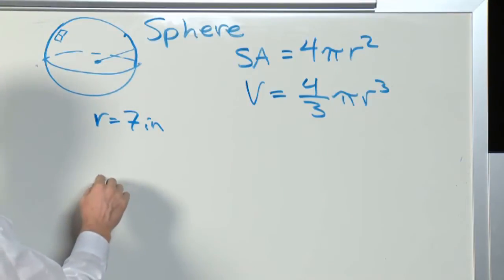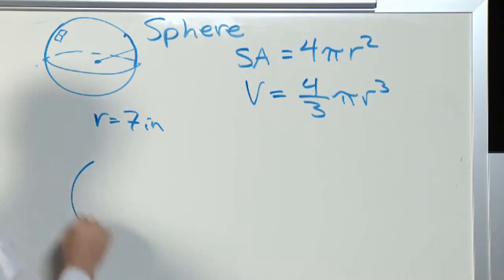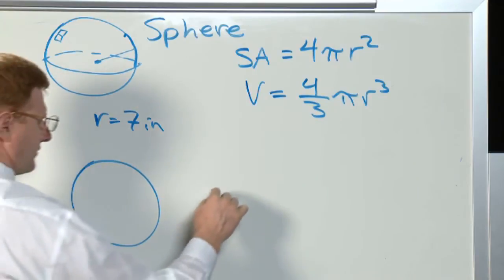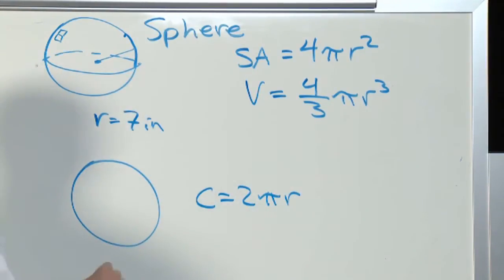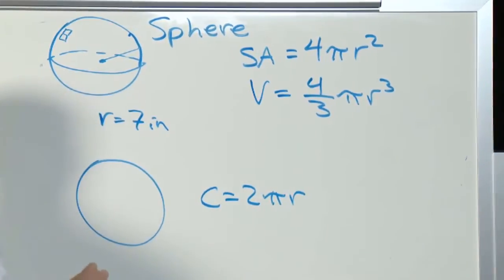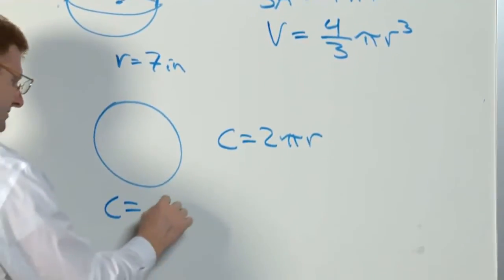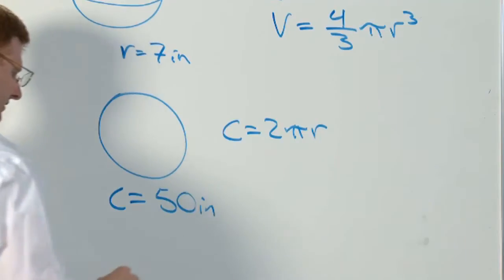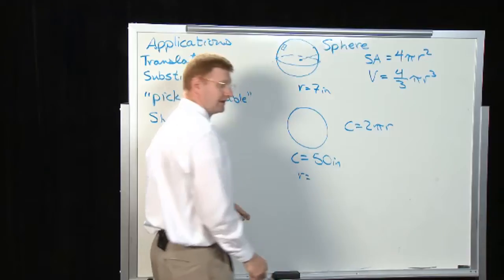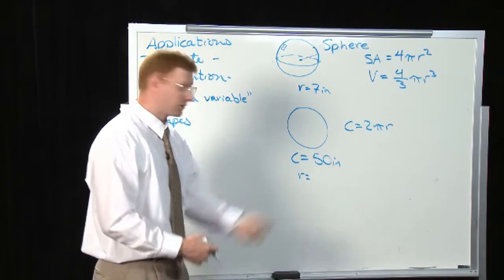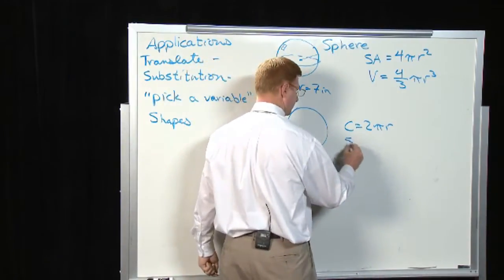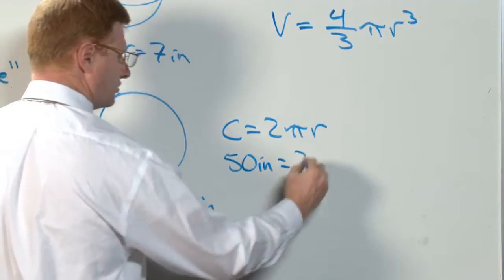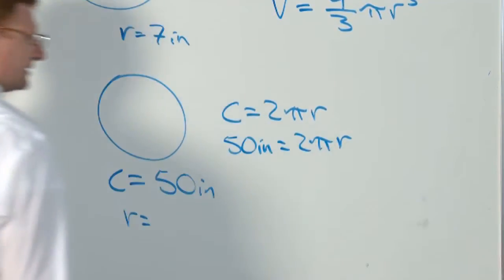Let's do one where you have a circle, just a circle, and the circumference is 2 pi r. If, instead of giving you r, I give you c, so I say, oh, circumference is about 50 inches, and I want you to find the radius, then we're going to use our ability to solve equations to do that. You stick 50 inches in right where the c is: 50 equals 2 times pi times the radius.